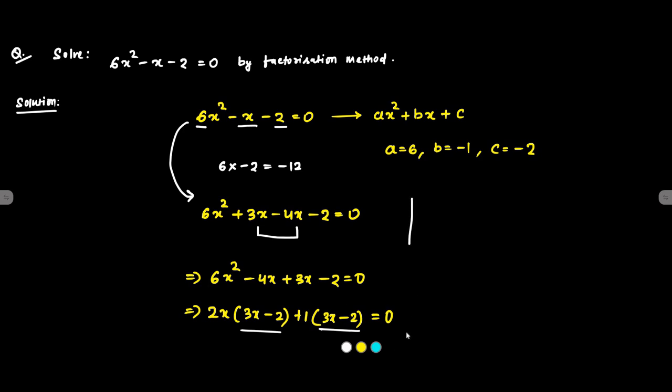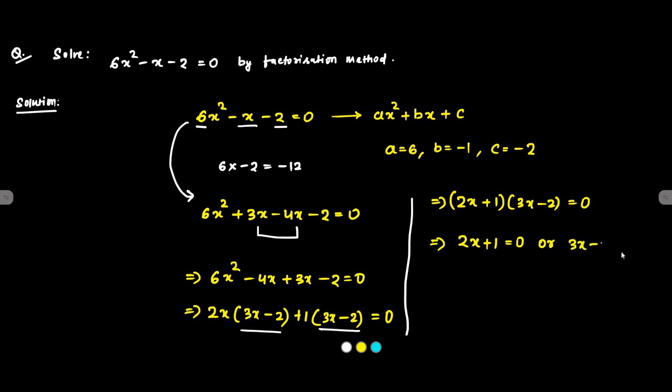That implies 2x plus 1 into 3x minus 2 is equal to 0. That implies 2x plus 1 is equal to 0, or 3x minus 2 is equal to 0.